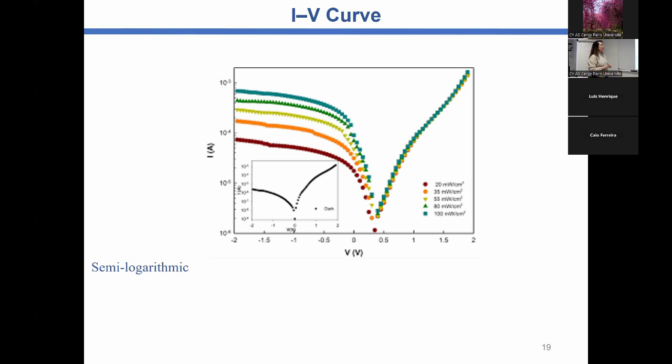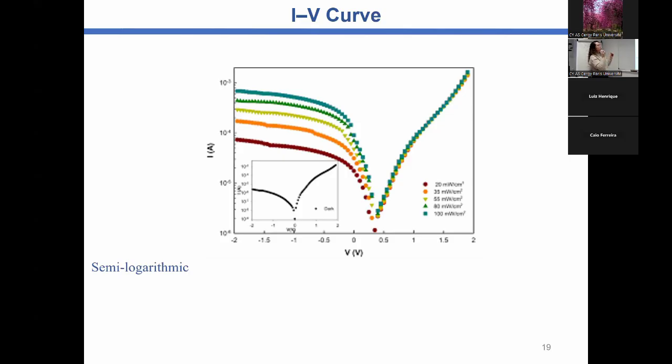When we do just a dark measurement, we must have a lower current on one side and a higher current on the other side. It means that we are blocking one carrier and transporting the other carrier on the other side.